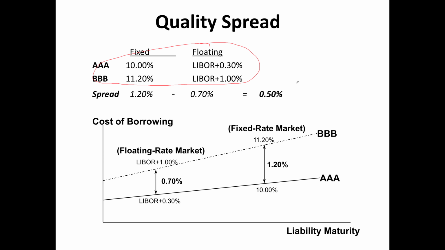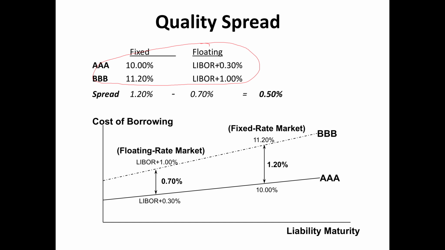It's a risk-free rate for international banking. As for basis points, here 0.3% is 30 basis points. A basis point is 0.01 of 1%. Now for BBB, it's 100 basis points.